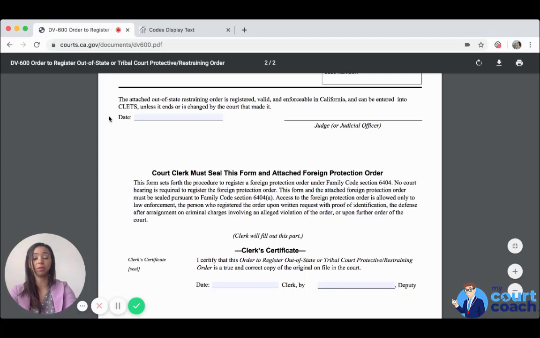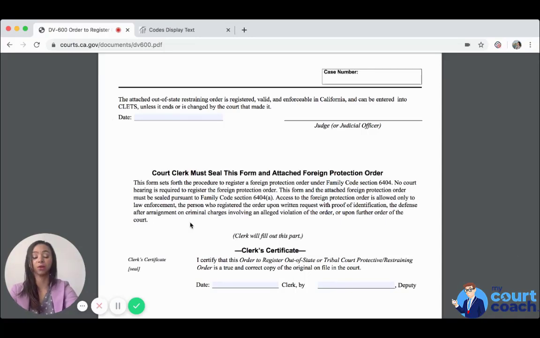Those are the only individuals and the only other method by which you can have access to this foreign protective order. The clerk's certificate must also be completed.